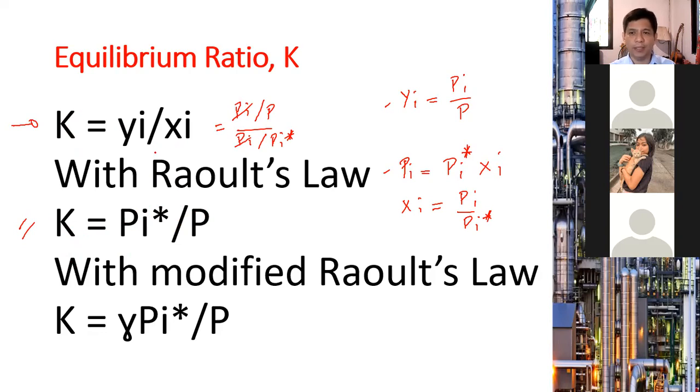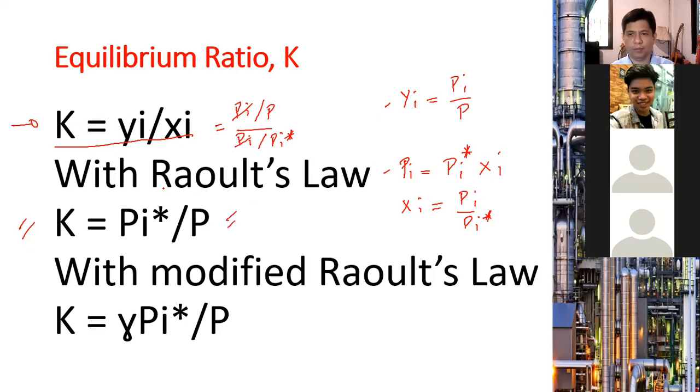So pag nag-CHE133 na kayo, pag nag-CHE134P na kayo, ito gamit na gamit ito. Itong definition na to, marami pang ibang unit operation at equipments na gagamitin ito, hindi lang sa liquid vapor separator. So kaya kailangan alam nyo i-derive itong equation na to. Okay?